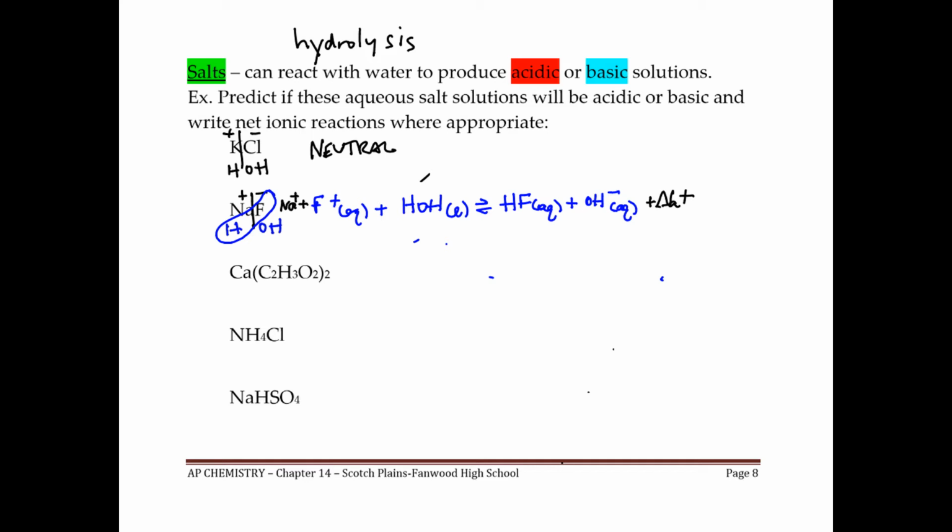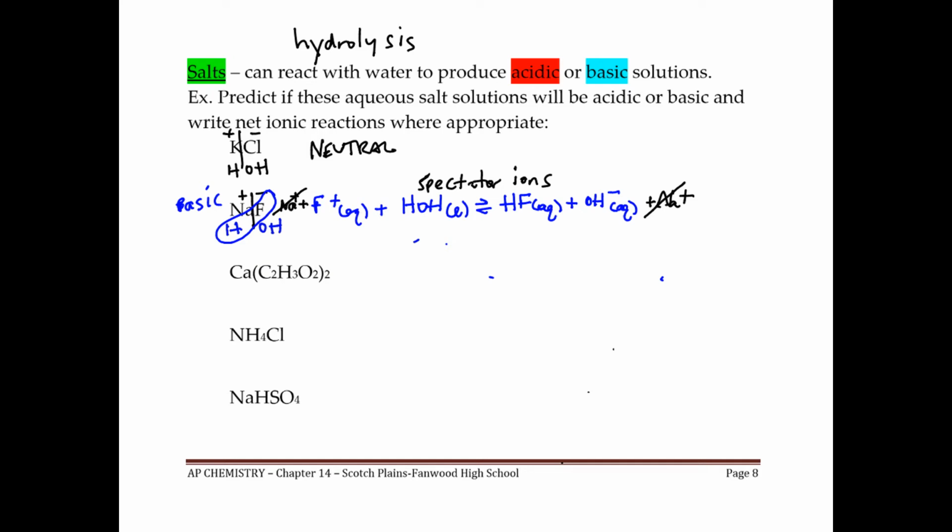It's not going to go with anything because it doesn't make any solids or precipitates. So remember what we call this: it's called a spectator ion, and you could just cross it off. They're called spectator ions because they just watch the reaction happen and are not involved. So this solution is going to be basic because the OH was formed and made the solution basic.